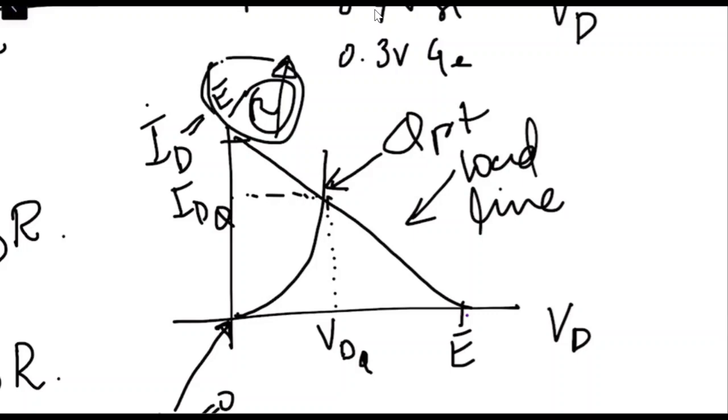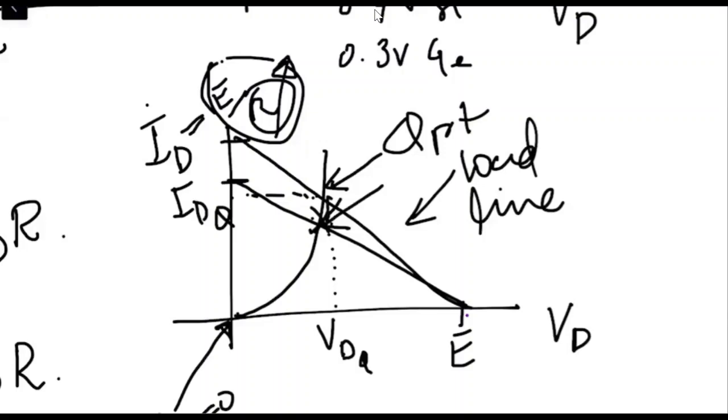And when this total amount decreases, the value of ID will be somewhere here, so the straight line will be something like this. When this line changes its slope, the point of operation, the Q point, is also going to change. The Q point will be somewhere here, right?